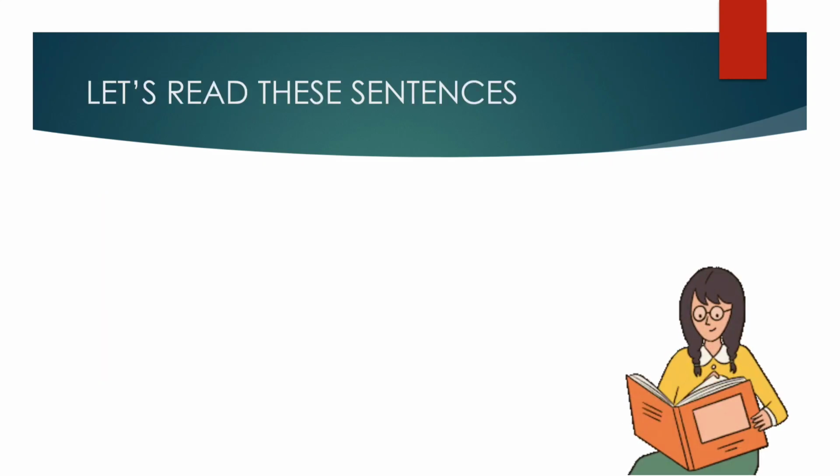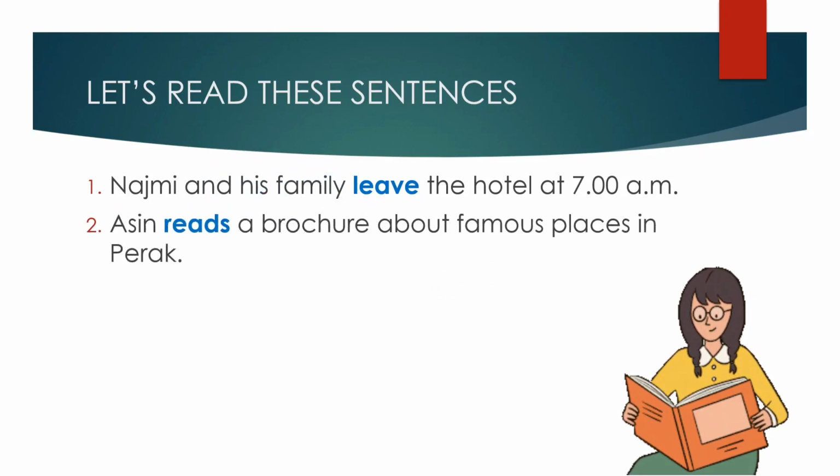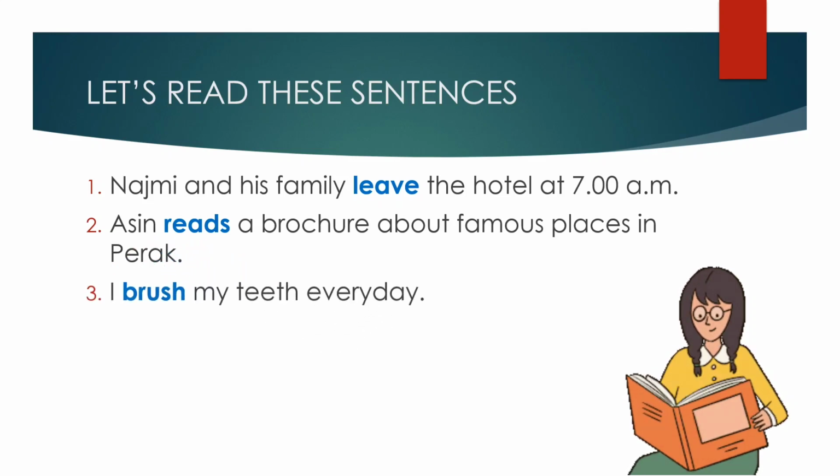Let's read these sentences together. Najmi and his family leave the hotel at 7 a.m. Azim reads a brochure about famous places in Perak. I brush my teeth every day.